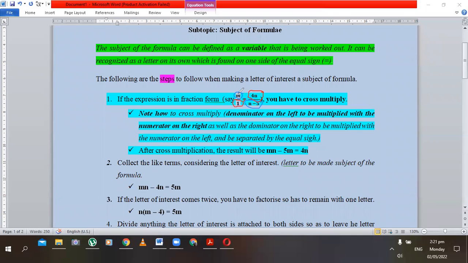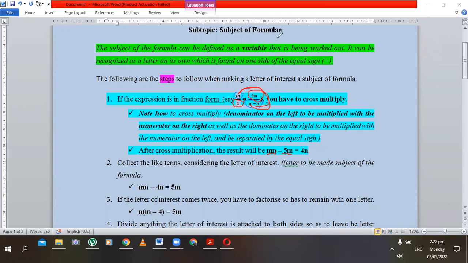If you multiply this m here and the n there, we are going to have mn. Again, the same m to be multiplied with a 5, we are going to have 5m. We are done with the numerator on the left and the denominator on the right.